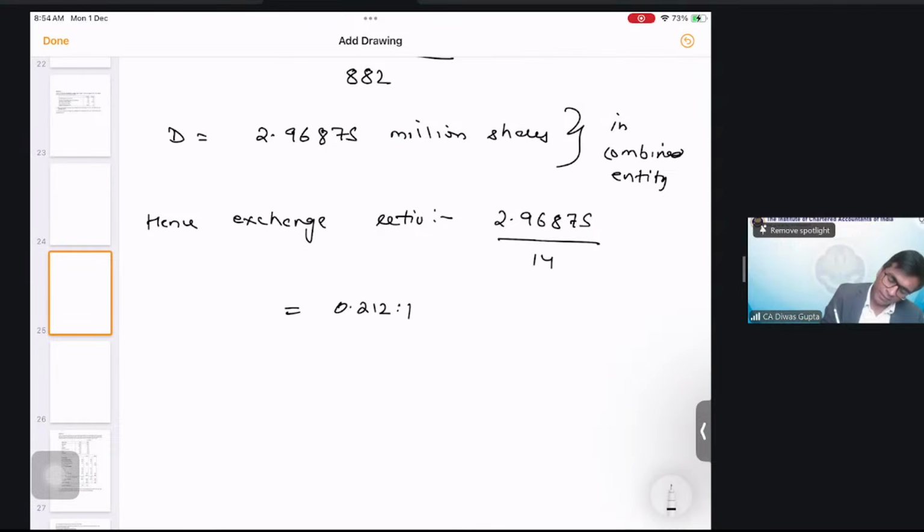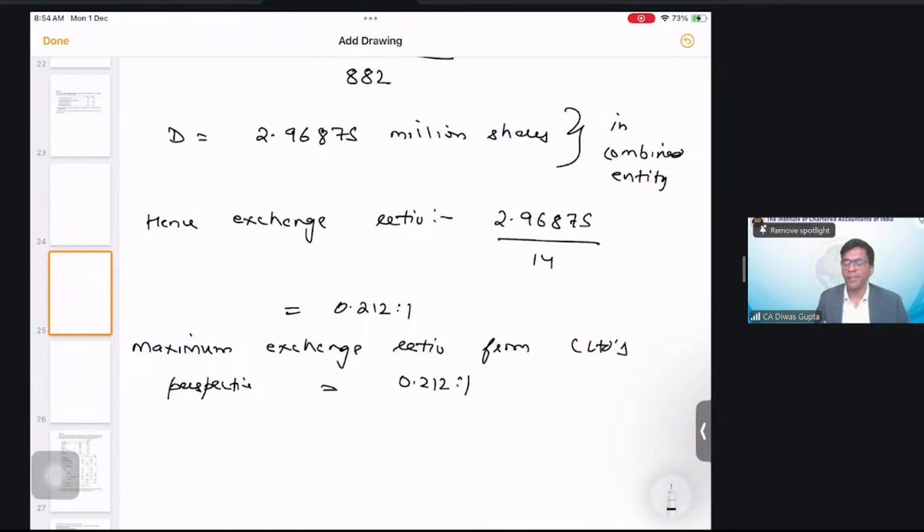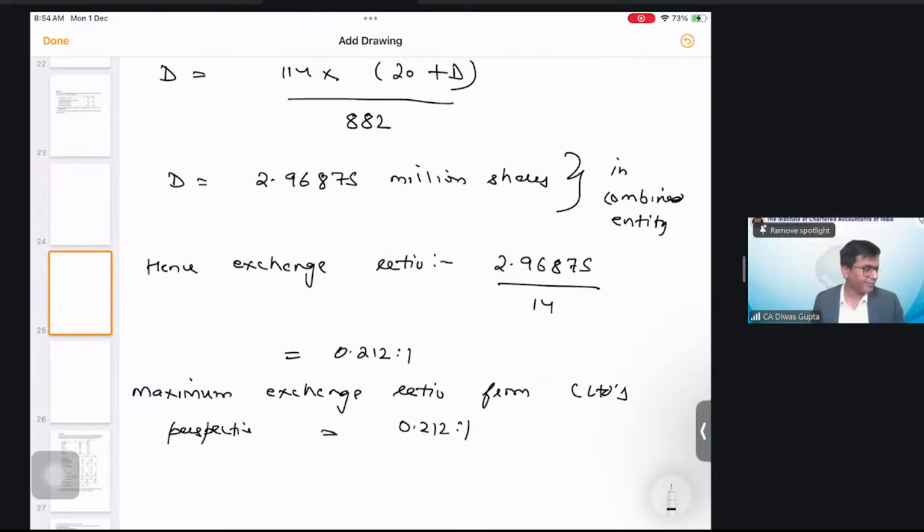So this is the maximum exchange ratio from C Limited's perspective, 0.212:1. Clear, students?